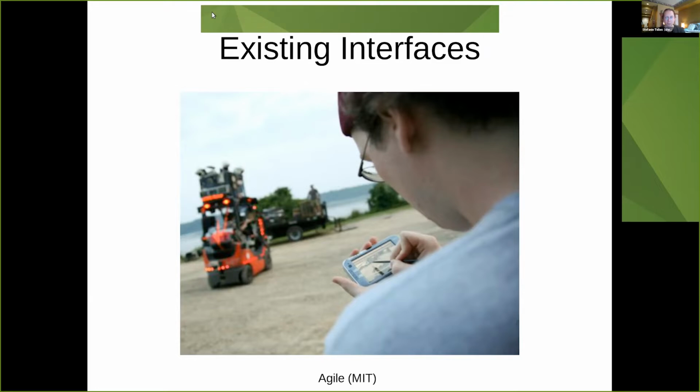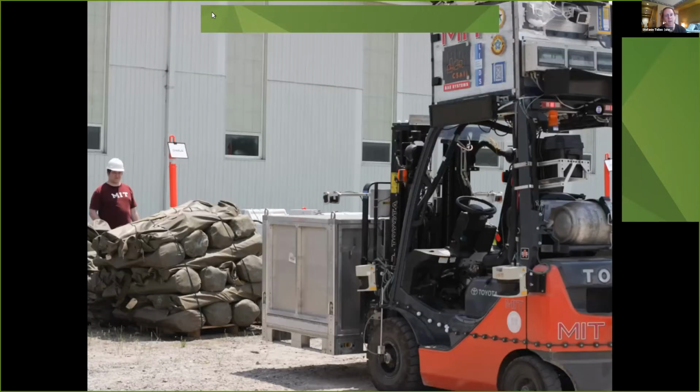The problem with these interfaces is that the user's hands and eyes are down in the interface rather than out in the world where the robot is and where all the good stuff is. So instead, what my lab is thinking about is trying to make a robot that can collaborate with a person just as if it was another person.